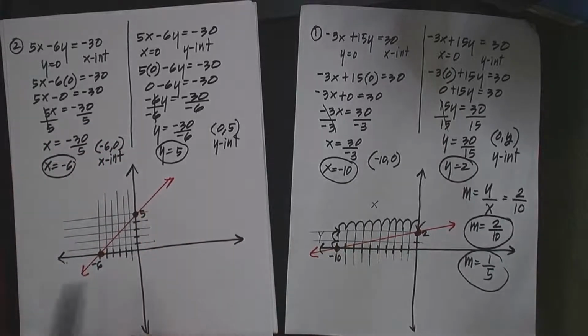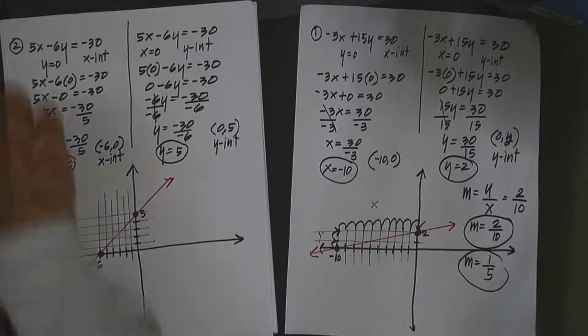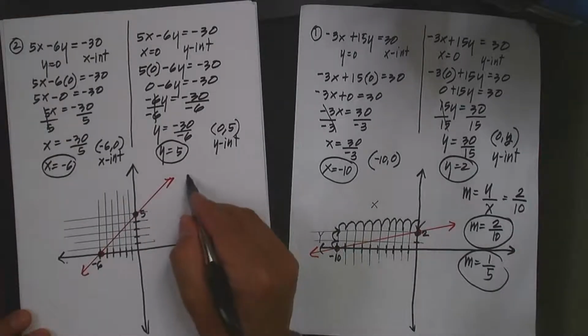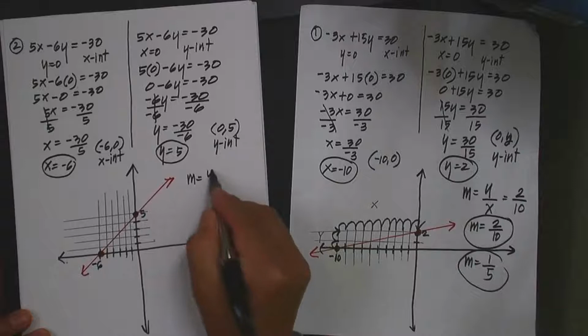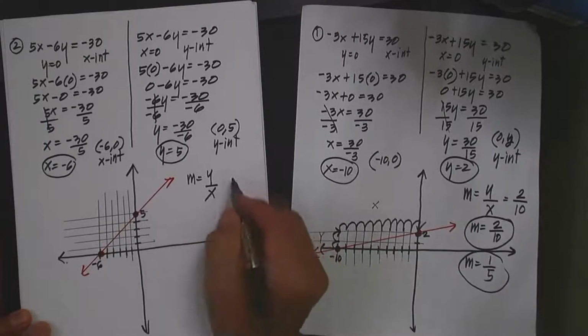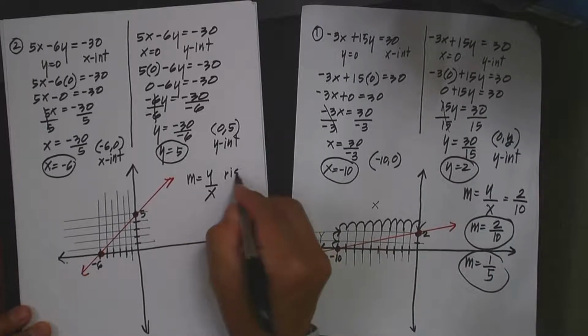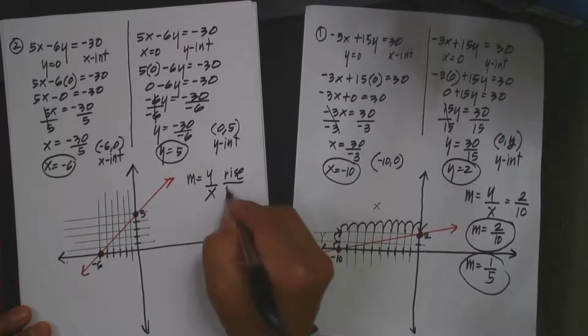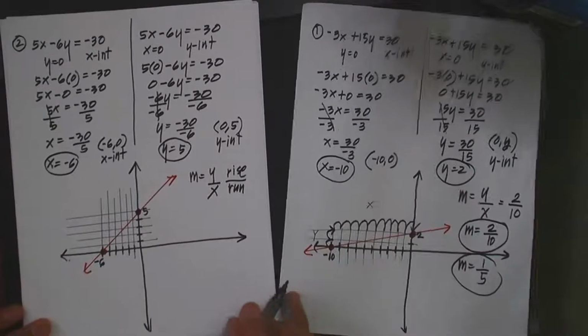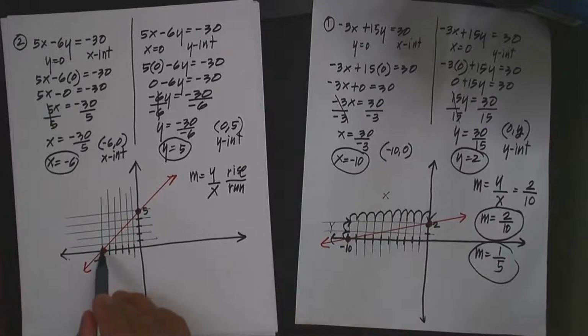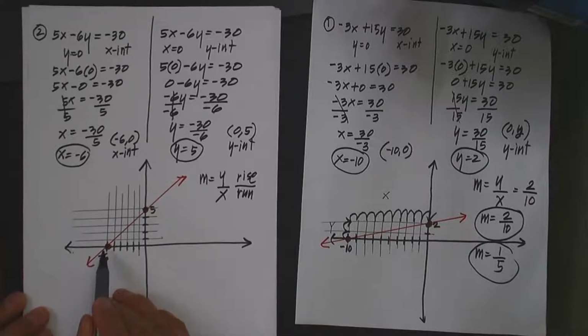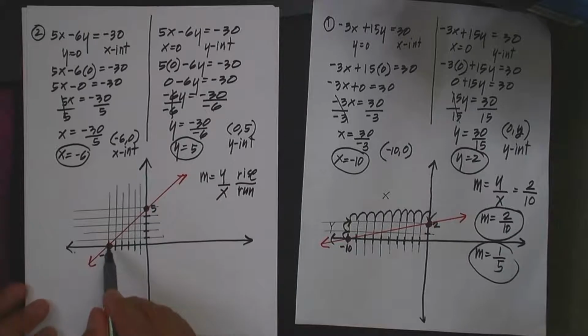Now, in order for you to find your slope, what is the slope formula? It says m is equal to y over x, meaning this is your rise and this is your run. Remember that. So we're going to start from the bottom part. From this point, you're going to start counting, going up.